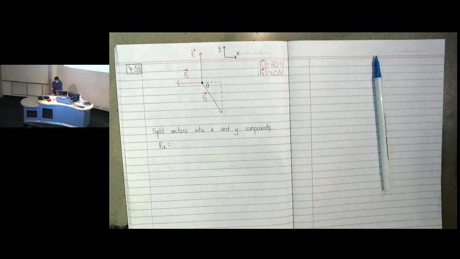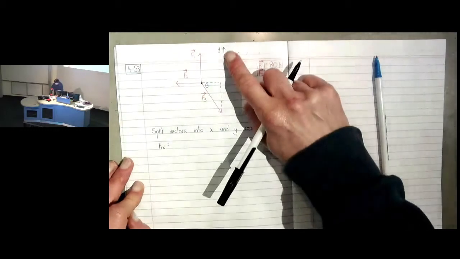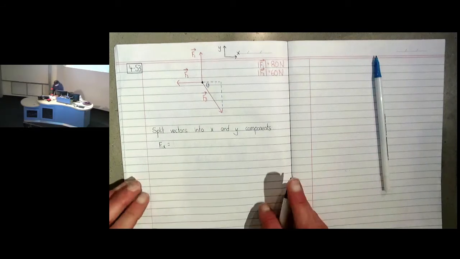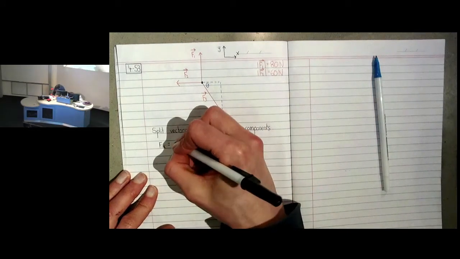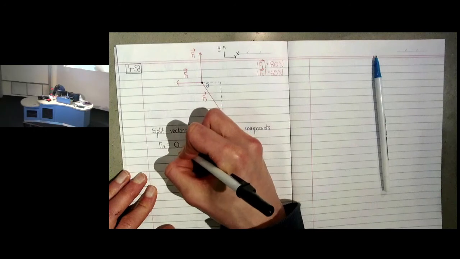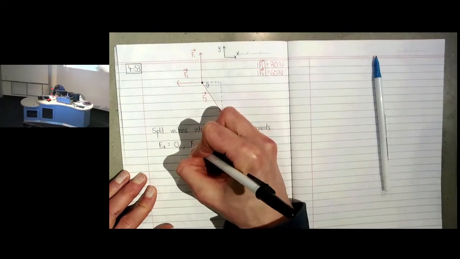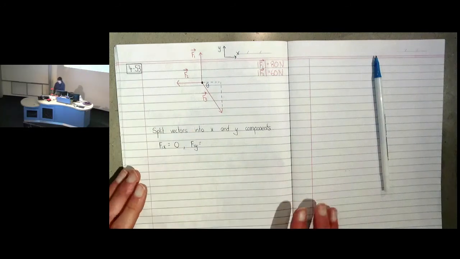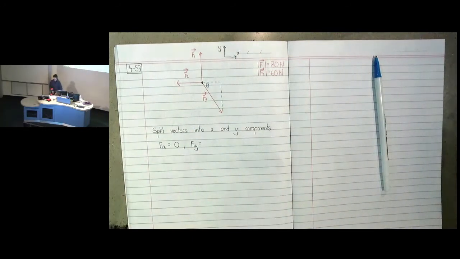Well, F1 is just pointing in the y direction, so it doesn't really have an x component, or if it does, it's just 0. So its x component is just going to be 0. Now its y component, because F1 is just pointing straight up the y-axis, that means that the length of its y component is just going to be equal to the length of F1 itself.